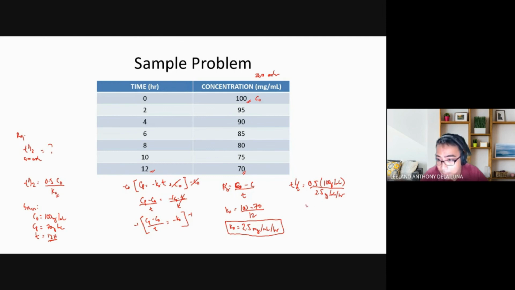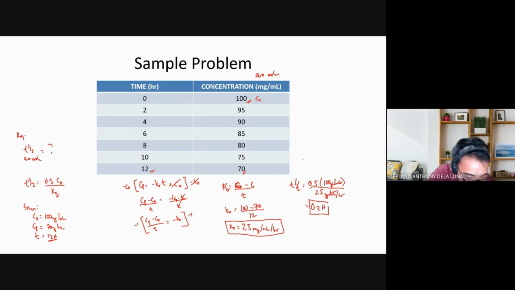Okay, so milligram per ml cancels, leaving the hour. 0.5 divided by 2.5, and you get 0.2 hours.